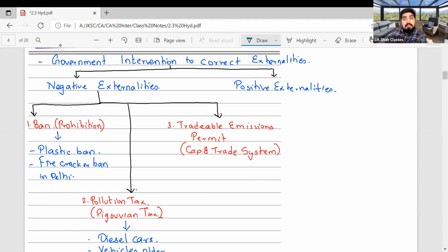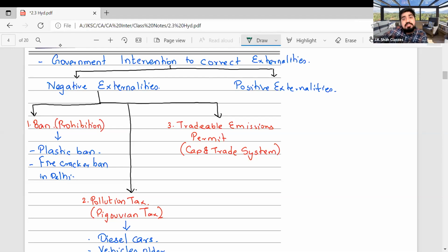If government cannot ban, then it is pollution tax. But if government cannot even put a pollution tax, then comes the cap and trade system, that is tradable emissions permit.